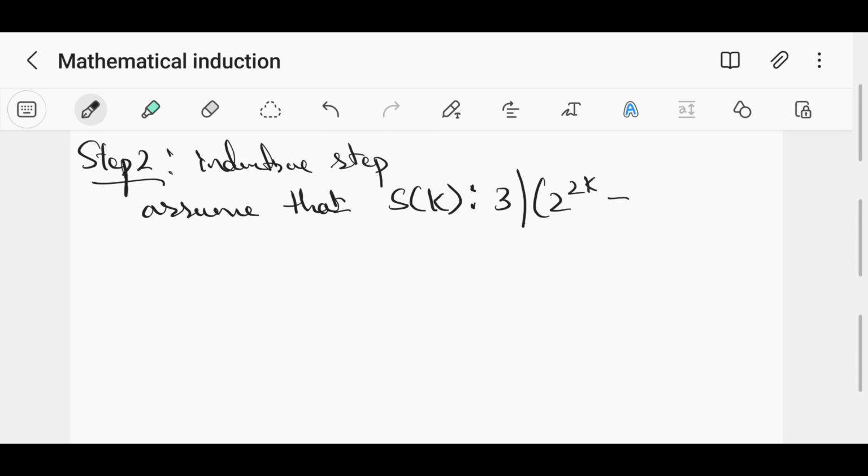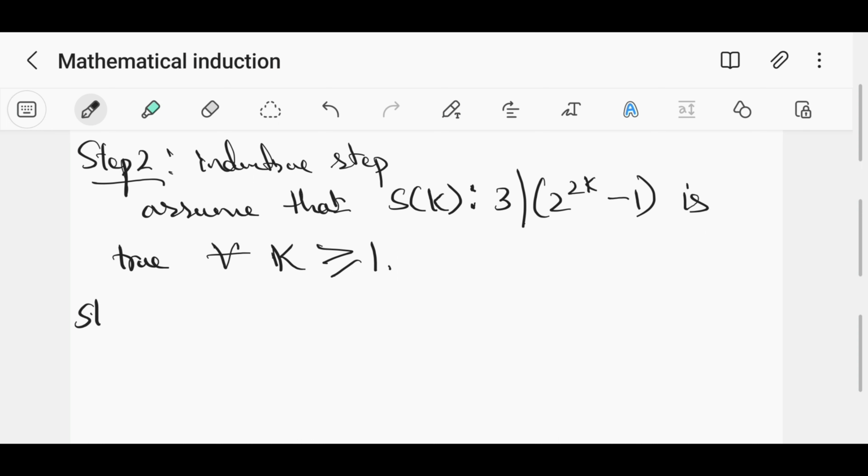We will write it as 2k minus 1 and we assume that this is true for all k greater than or equal to 1. So this is our step 2. We have just assumed it and kept it, but we will use this for our step 3.